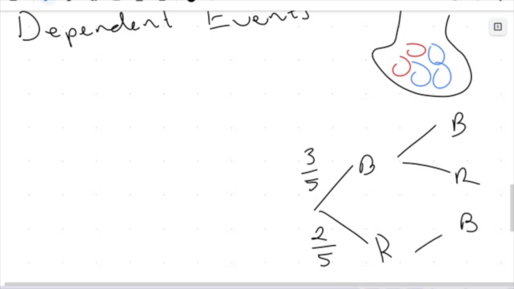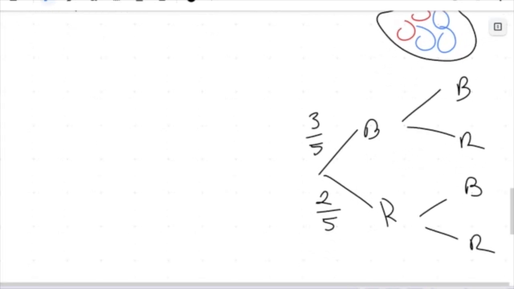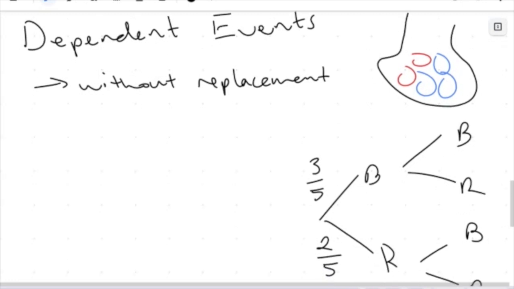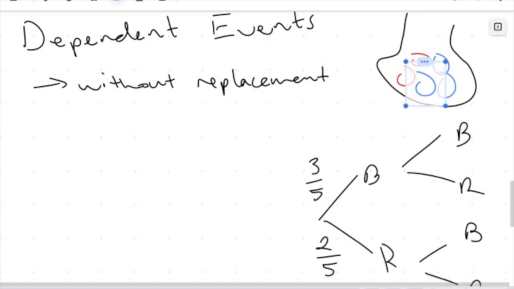Now let's say I pull out one of these blue ones. Will the probability change? I'm going to pull out a blue one without replacing it. So I'm going to take this one down here and pull it out.